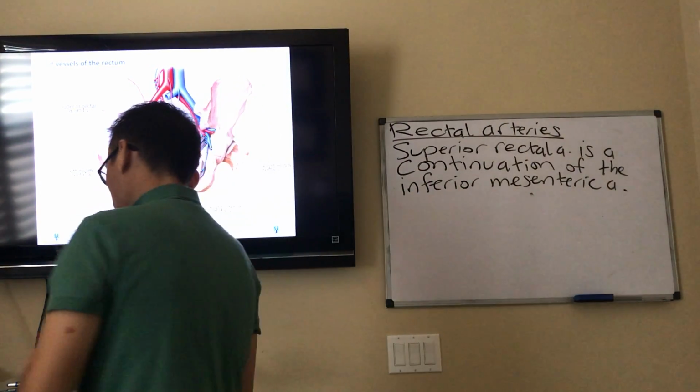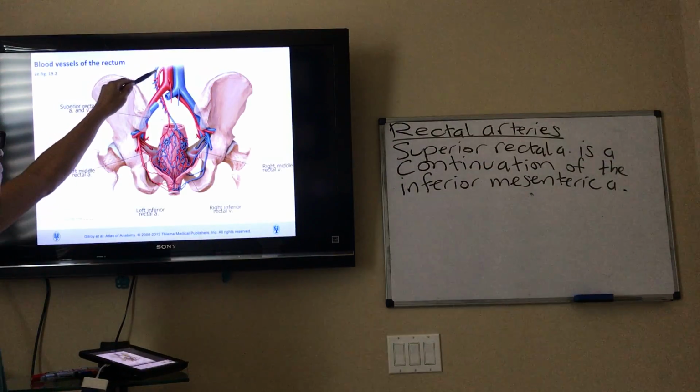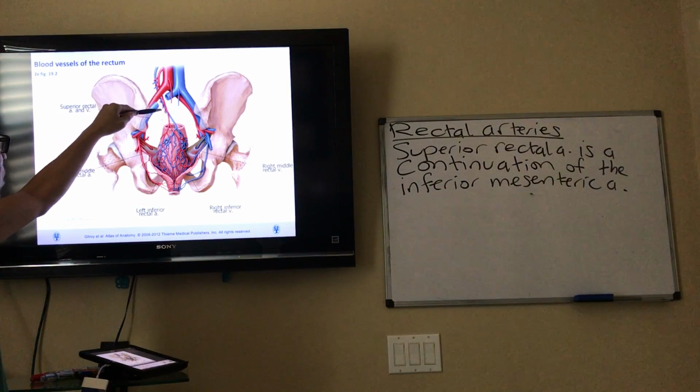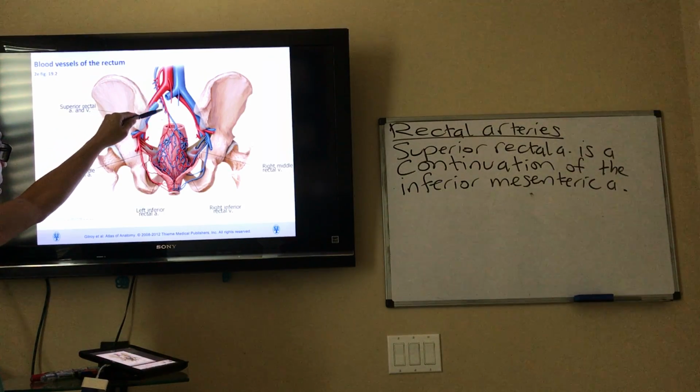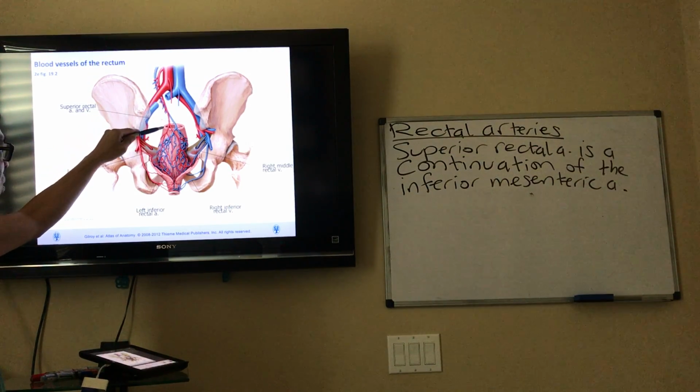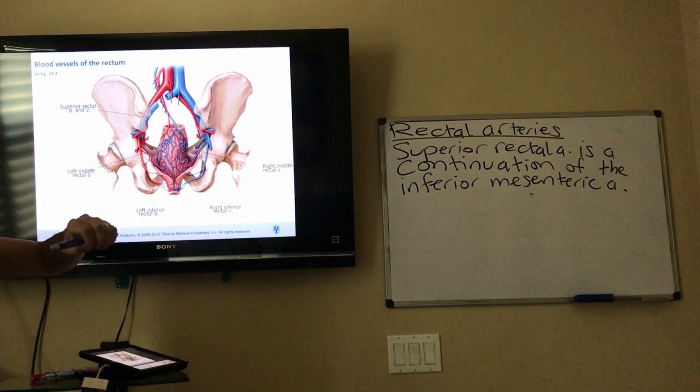On the figure, there's the inferior mesenteric. It's going to give off branches that supply blood to the distal colon. We'll get to that later. Continues on. Here are the superior rectal arteries. Okay.